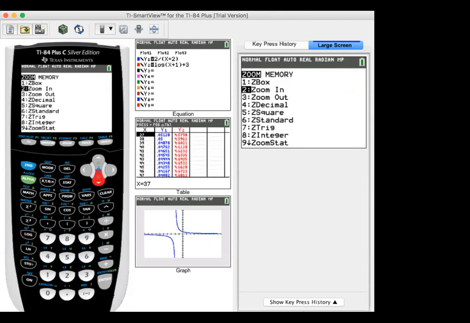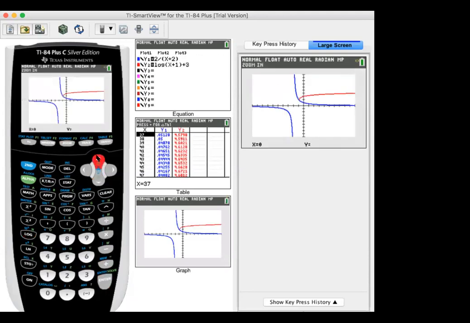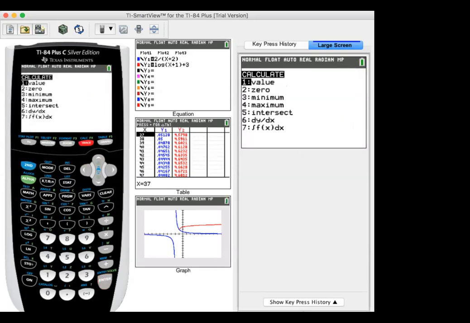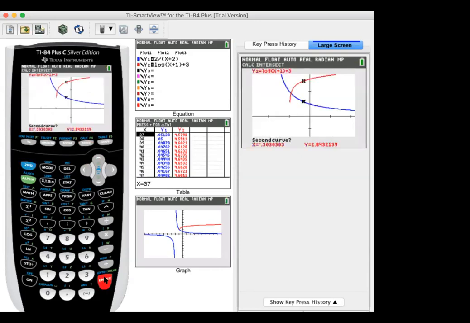I'm going to zoom in a little. See if I can't get a better picture. Okay, that's pretty clear. Second, trace, 5. Enter, enter. Over and guess. Enter.